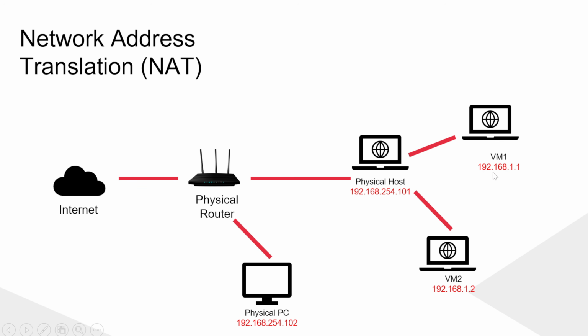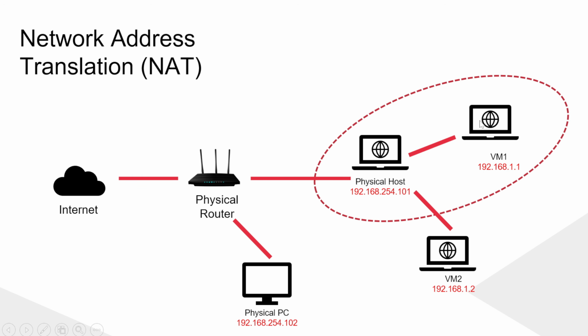Whereas the IP addresses allocated to VM1 and VM2 are translated by VirtualBox, which is present over here. This means that these two are not in the same IP range. There is always one-way communication available from the VM to the physical host, through which the VM can access the internet, but vice versa is not possible.